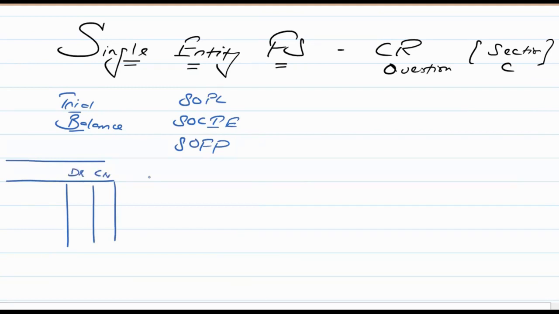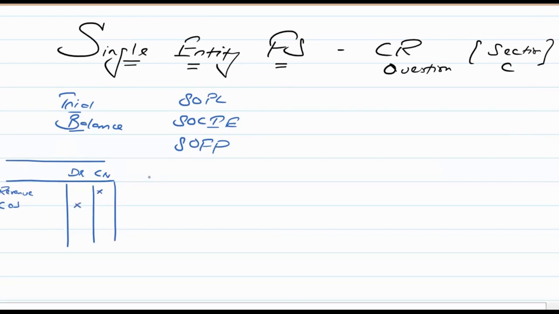So there will be things mentioned within the trial balance, for example, revenue on the credit side, and the cost of sales on the debit side.